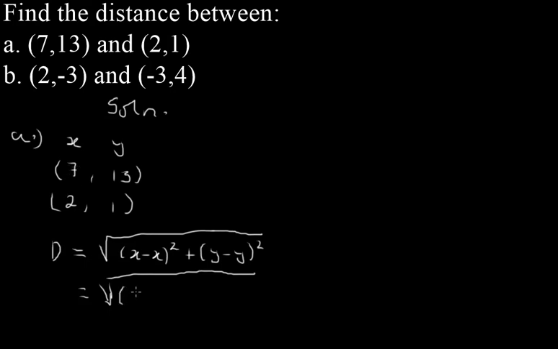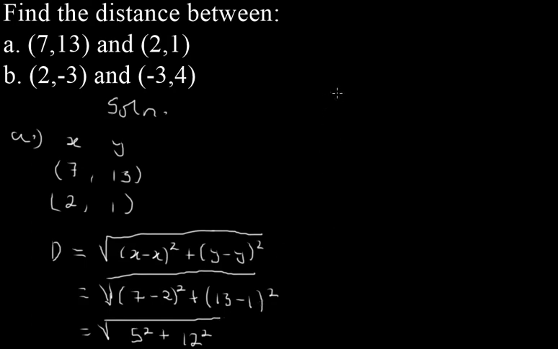So we'd have 7 minus 2 squared plus, we pick the y coordinates, and we would have 13 minus 1 squared, right? And 7 minus 2 gives us 5. So we would have 5 squared plus 13 minus 1 gives us 12 squared, right?